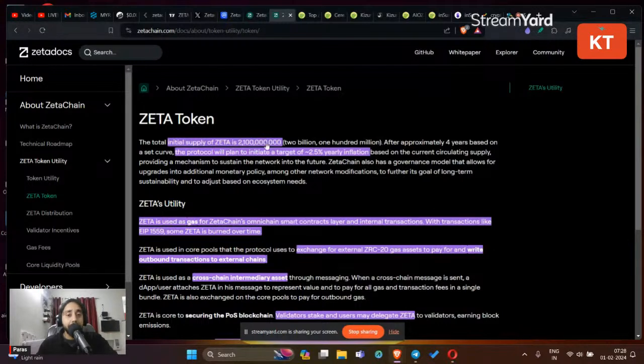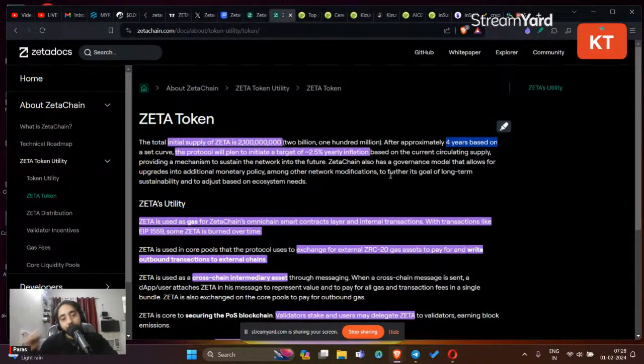What's the supply? The supply is 2.1 billion tokens. The total initial circulation supply is 2.1 billion tokens, which is 2 billion and 100 million. After approximately 4 years, based on the set curve, the protocol plans to initiate a target of 2.5% yearly inflation. So this token is going to be inflationary in 4 years from now.